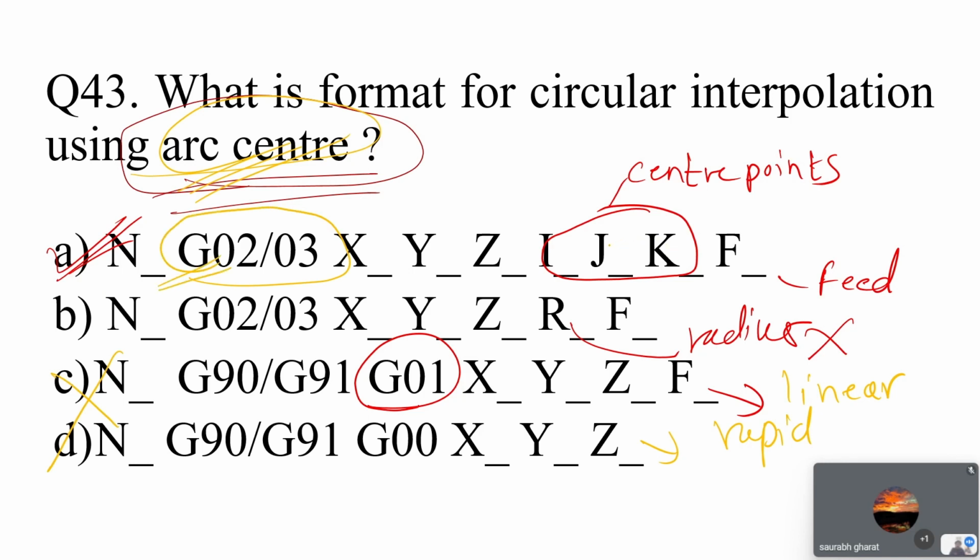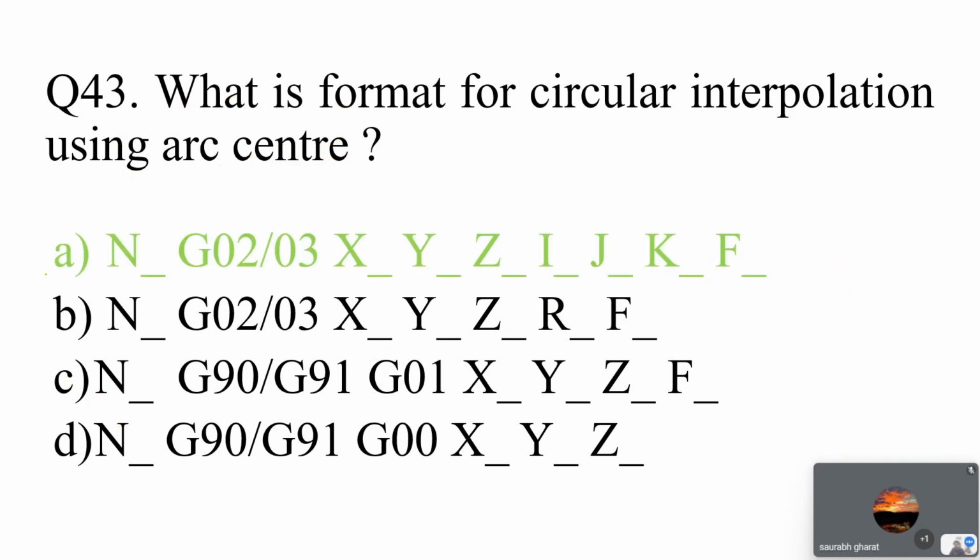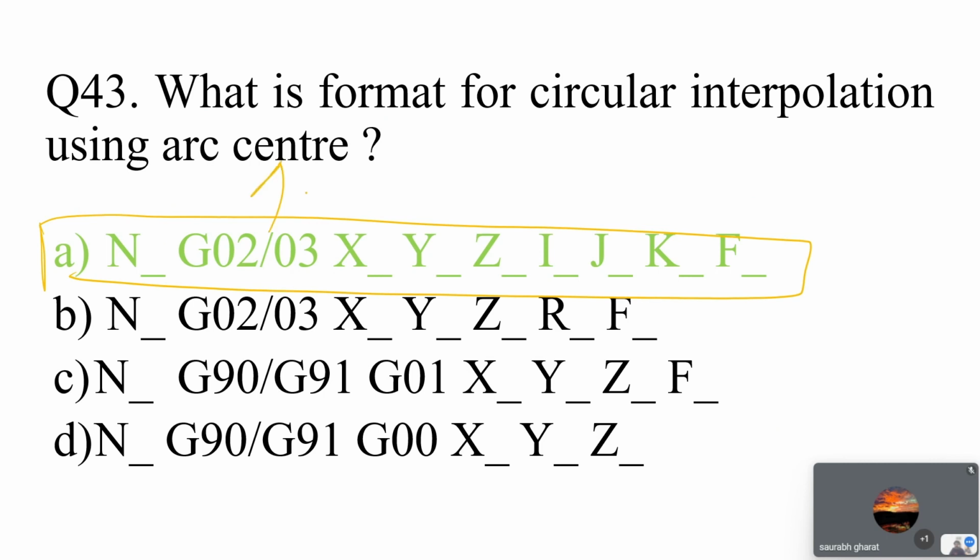In which case are we using the arc center? Only this case. This case is using radius, so this is not a correct option. Only this will be your correct answer, using the arc center method.